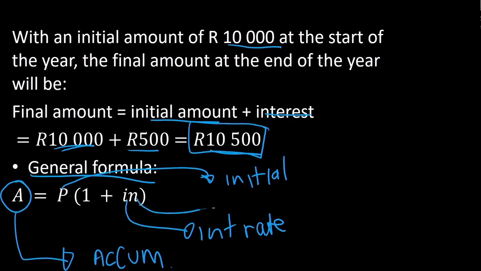And n is the period in years, so it's the number of years. So if, for example, your money was invested for 18 months, you would have to change 18 months to a number of years. 18 months is 1.5 years. So all you would do is take the number of months divided by 12, because there are 12 months in a year, and that will tell you how many years there are in 18 months.